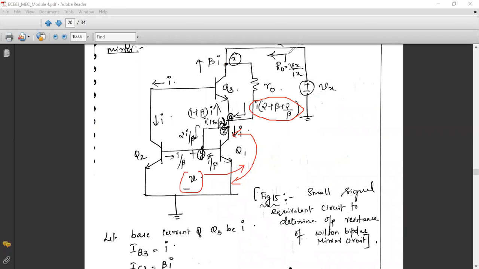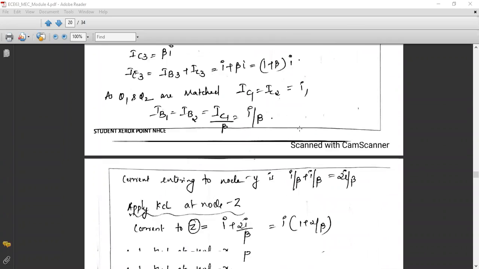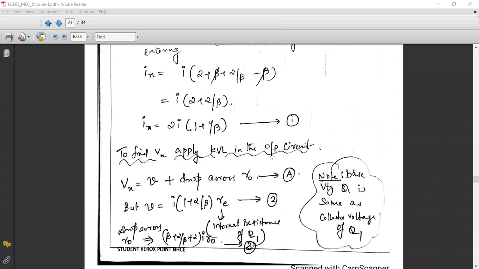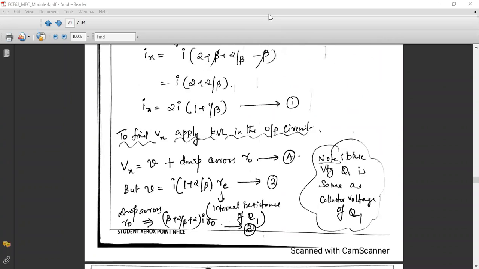Now you tell me what will be the equation for Vx. So after applying Kirchhoff's voltage law to the output circuit, Vx can be written as V plus the voltage drop across R0. Okay. And what is the voltage drop across R0? Voltage is nothing but, as per Ohm's law, it is current into the resistance.